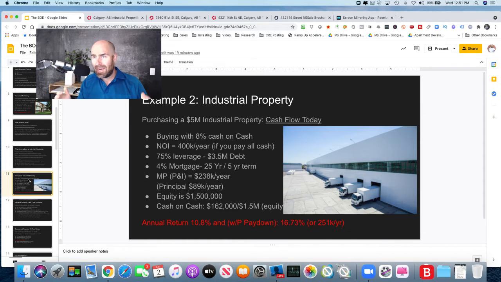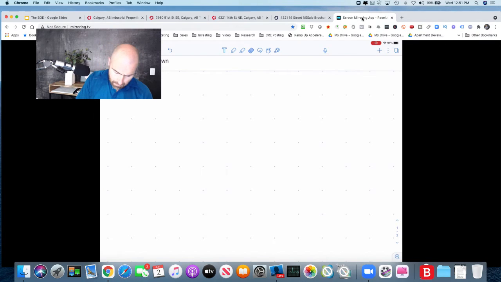We're buying at an 8% cap rate, which essentially would mean we're getting net operating income of $400,000, right? So purchase price, 5 million, cap 8%. Basically, that's 5 million times 0.08, which equals 400,000. So my NOI is 400K.